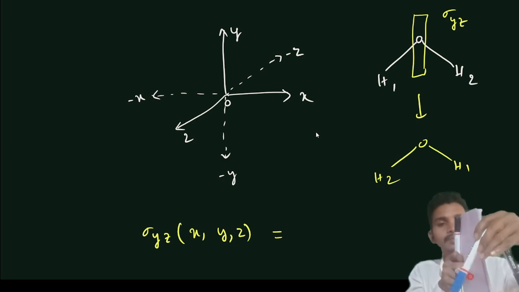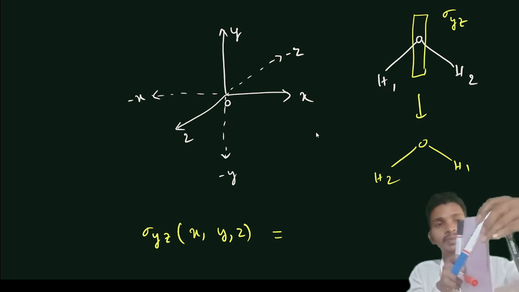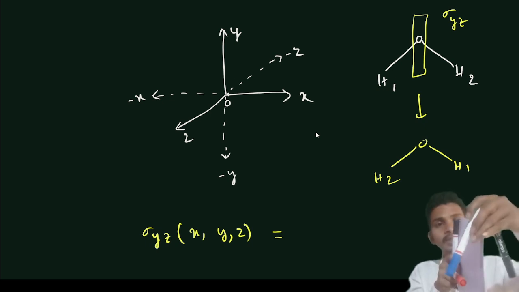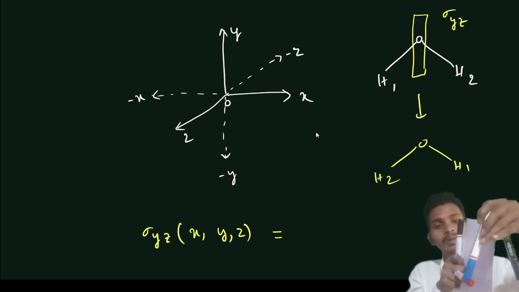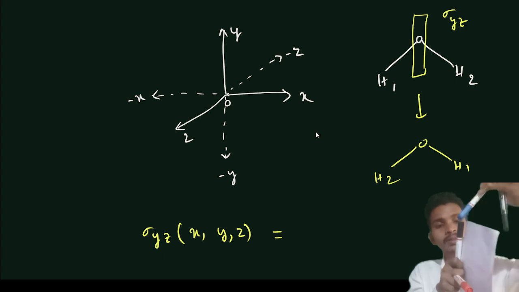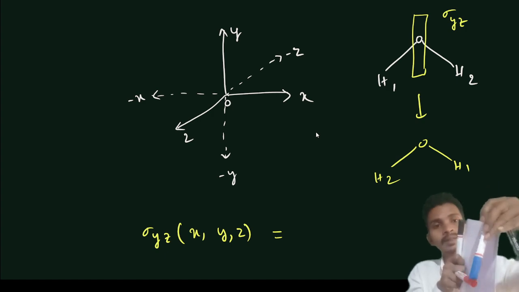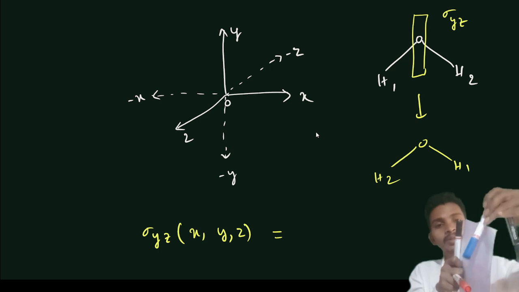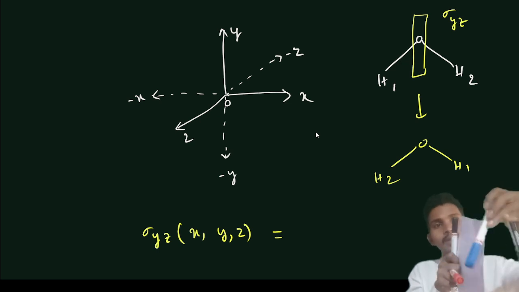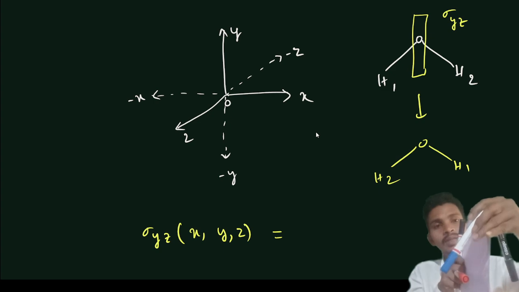So during this yz plane, which axis will change? Here this gets reflected, that's fine, and whatever axes are present, say this is y and z, they will remain as they are, because this is reflected to this, and the axis which is x-axis, that gets inverted.